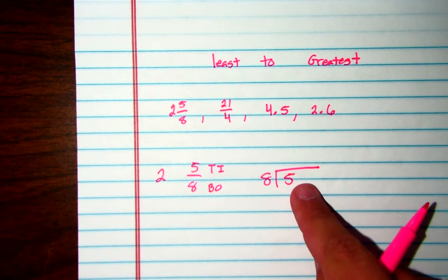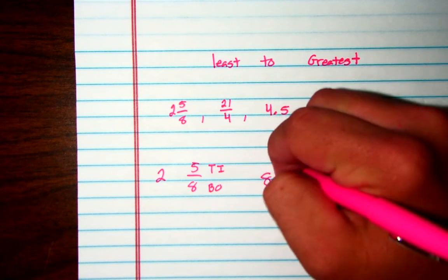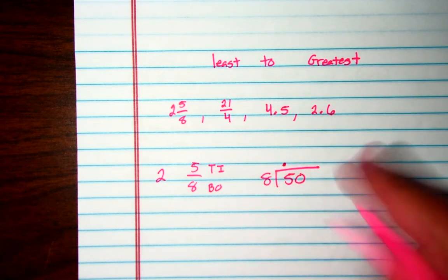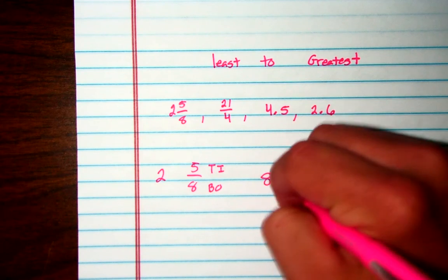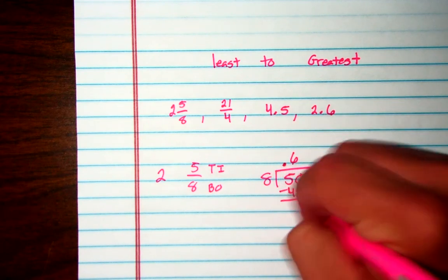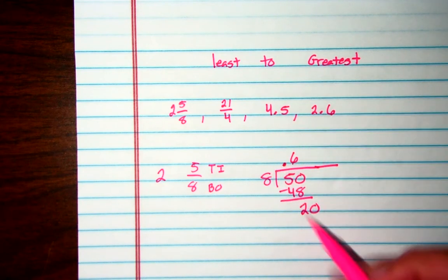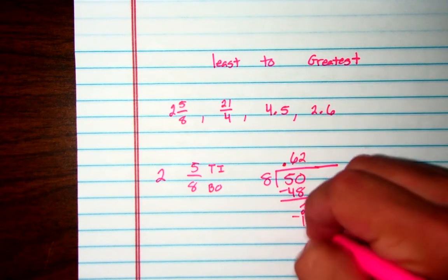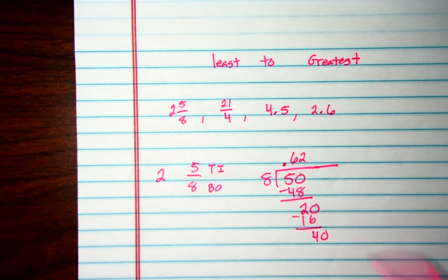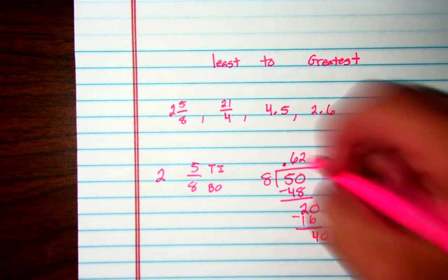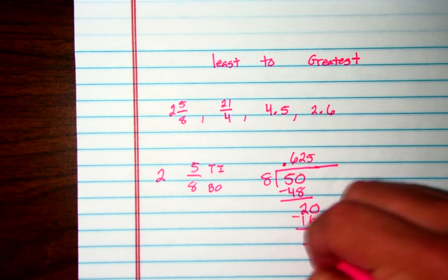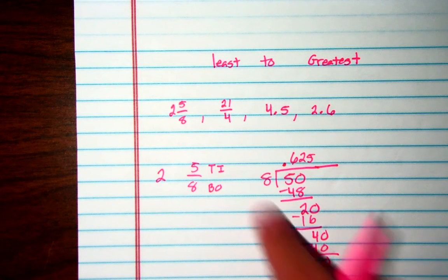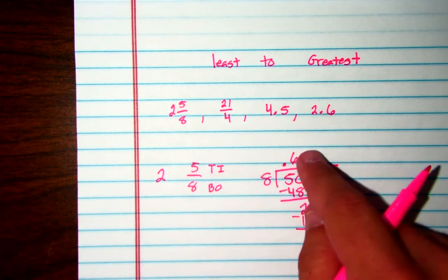No, it cannot. So put your decimal up top, add a 0. 8 can go into 50 6 times. 8 can go into 20 2 times. And 8 can go into 40 5 times. Now I have no remainder. So 5/8 is the same as 0.625.